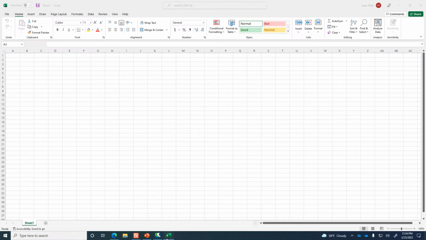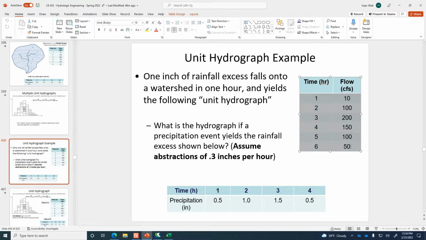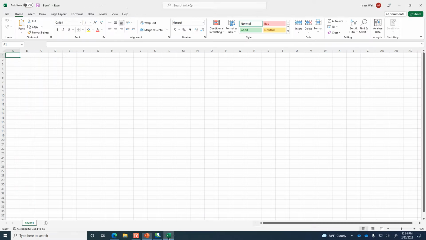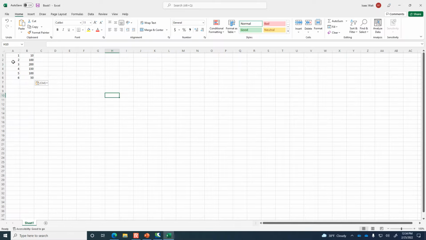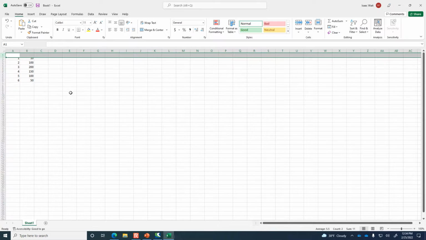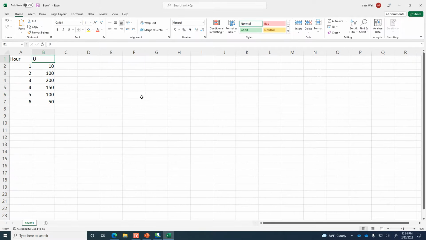All right, so here is the unit hydrograph. Let me put some titles on here. So it's hour, and then unit U, and this has units of CFS per inch of rainfall excess.